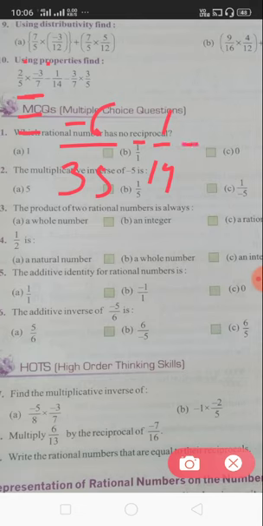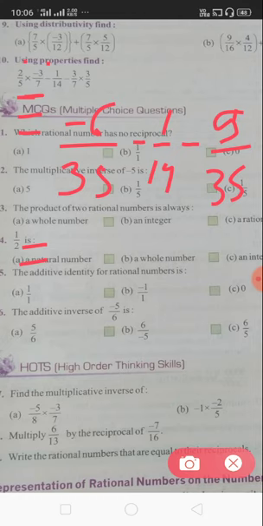Now again minus, here is again multiplication. 3 threes are 9 upon 7 fives are 35. Okay. Now you take the LCM of 35, 14 and 35.